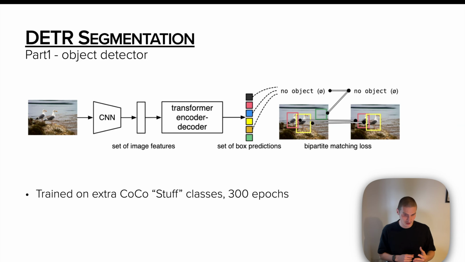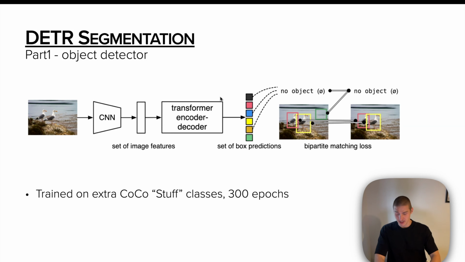It is trained to detect objects, to output bounding boxes and class labels, but after training on this new dataset, it becomes aware of the new classes that exist.